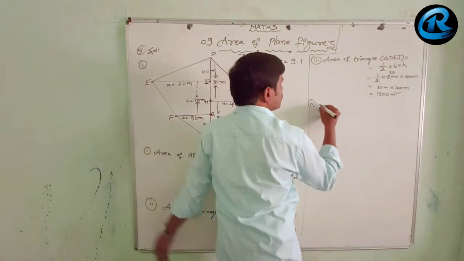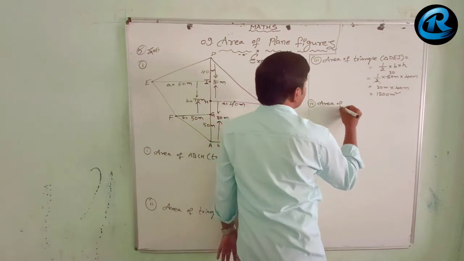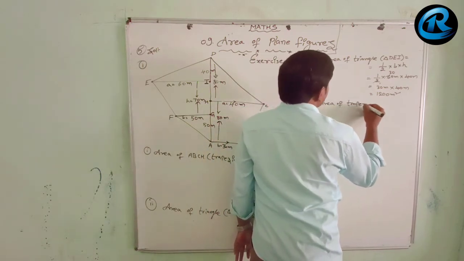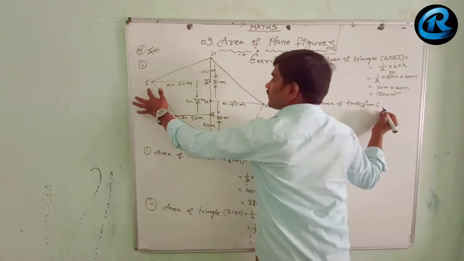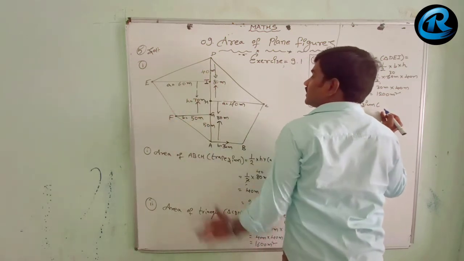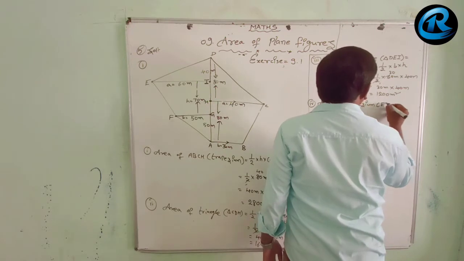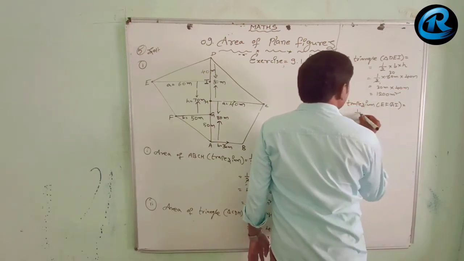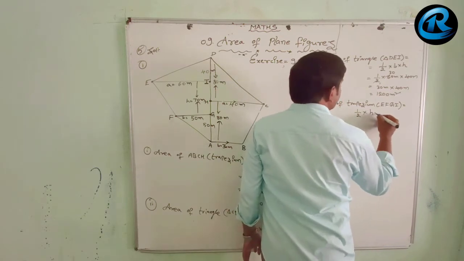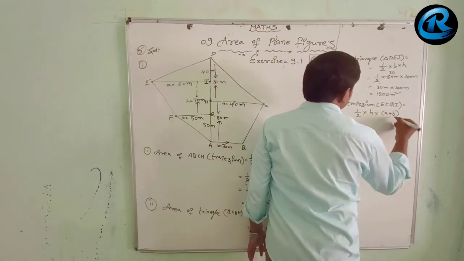Area of trapezium EFGI is equal to, what's the formula here? 1 by 2 into h into a plus b.